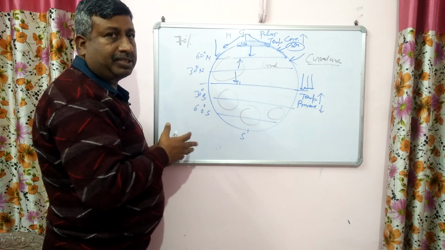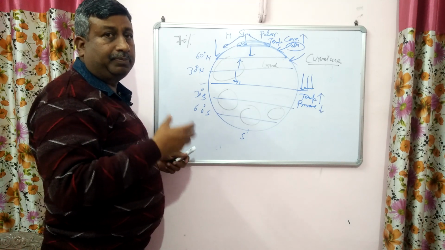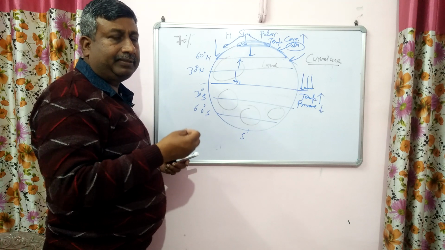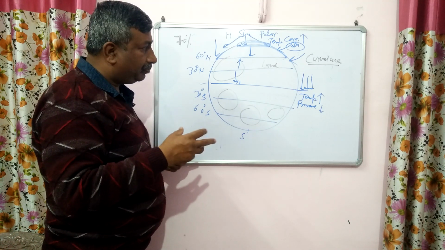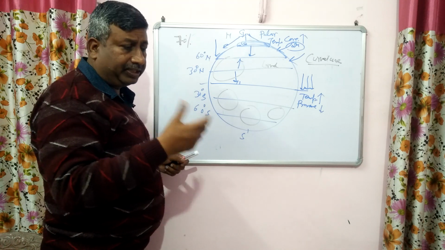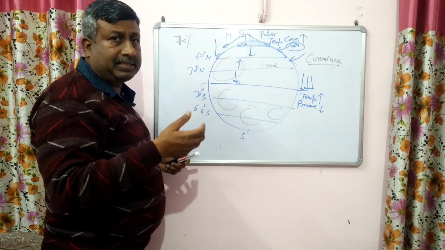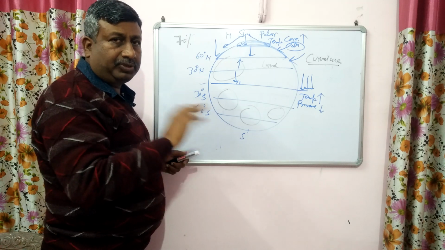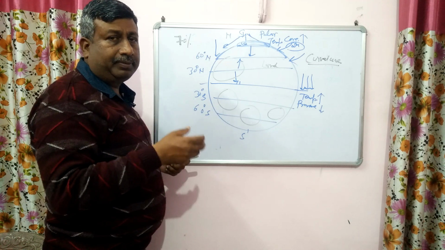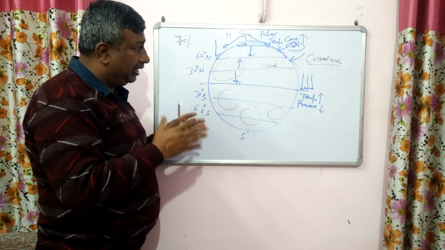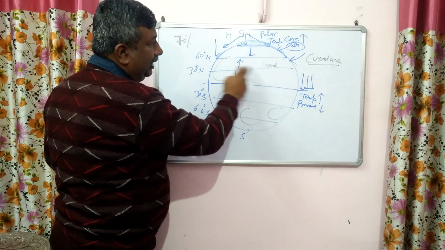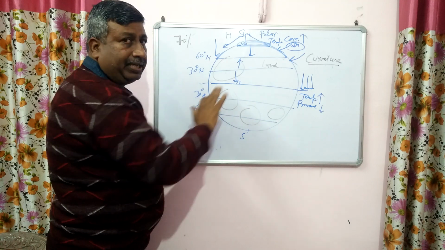As we have discussed, water takes more time for heating and more time for cooling, while land, or we can say soil, takes less time for heating and less time for cooling. That's why differential heating is there in ocean and land mass, so different air movement is there.